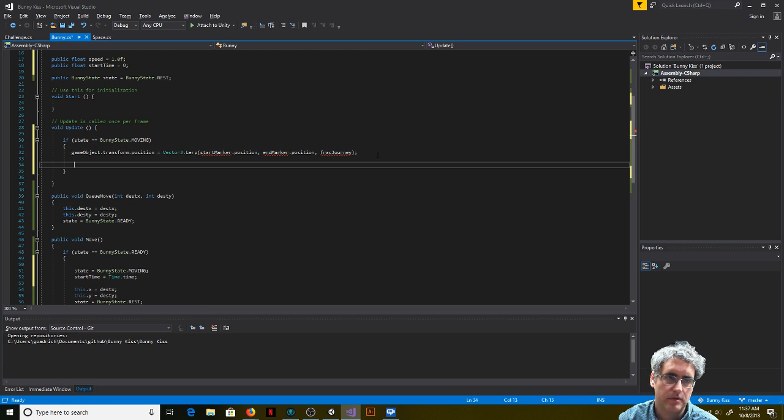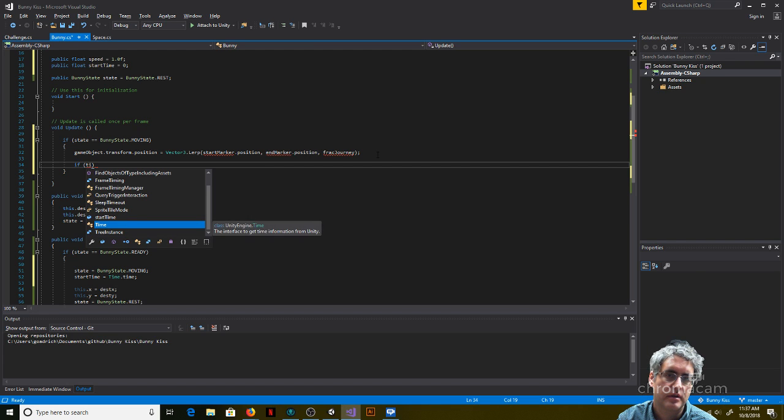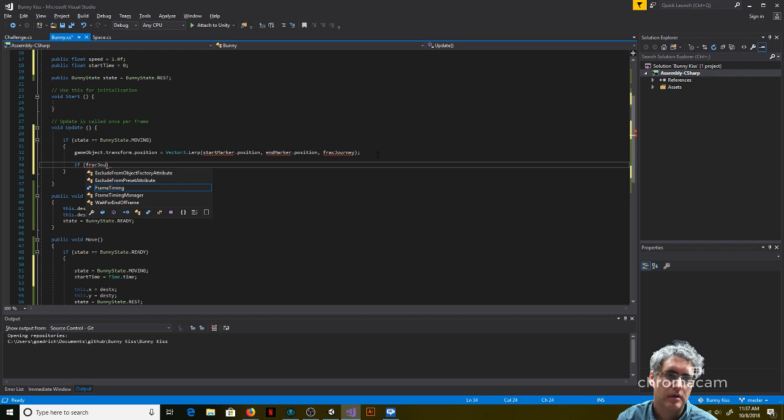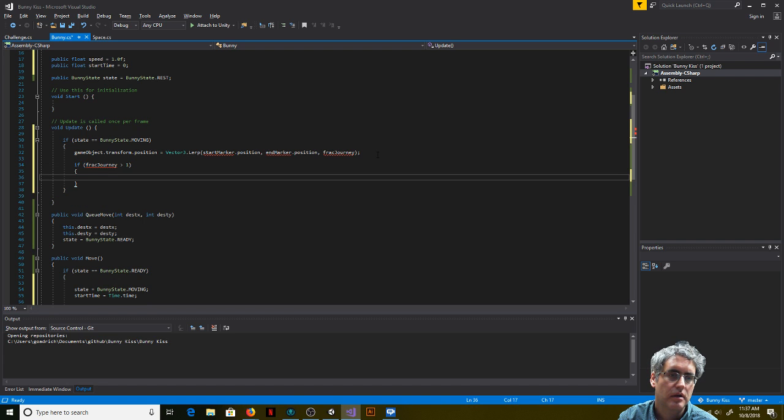But somewhere in there we're going to say if our journey is greater than 1, state equals bunny state rest. So we're going to stop moving. Well, what is frac journey? We need to calculate frac journey.